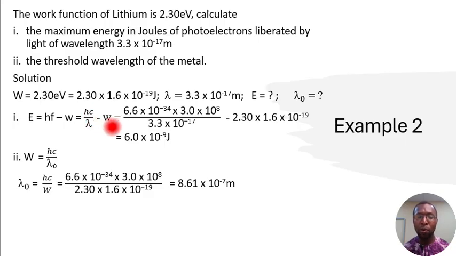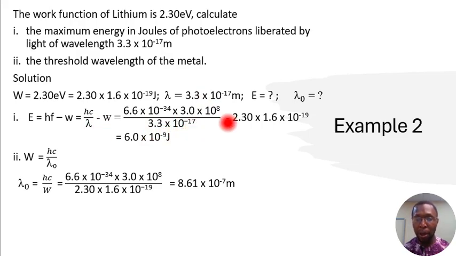Now going forward, we substitute the values of all of this into the equation. Our H is the Planck constant, 6.6 times 10 to the power minus 34. Our C is the speed of light, also a constant, 3.0 times 10 to the power 8, all over our lambda, which is given here to be 3.3 times 10 to the power minus 17.